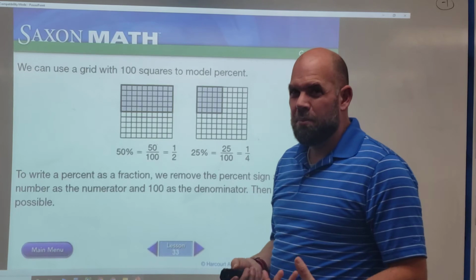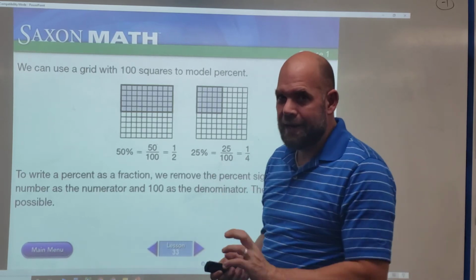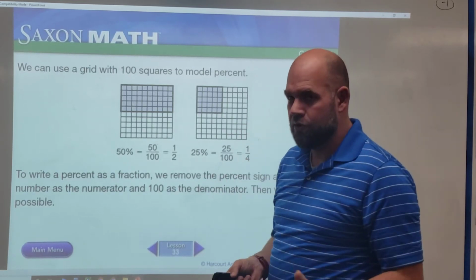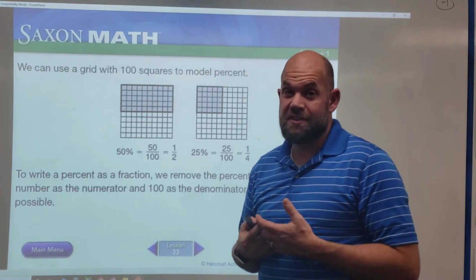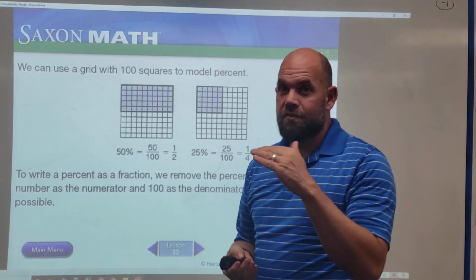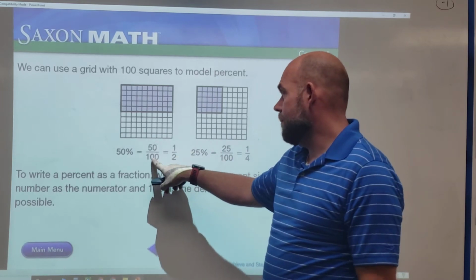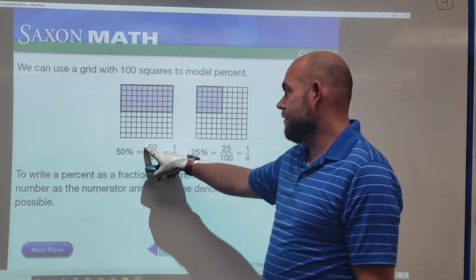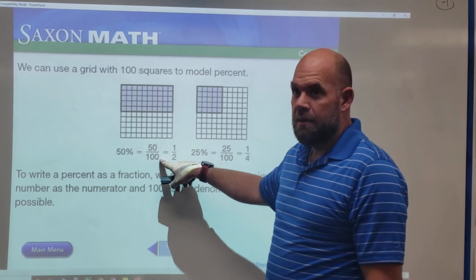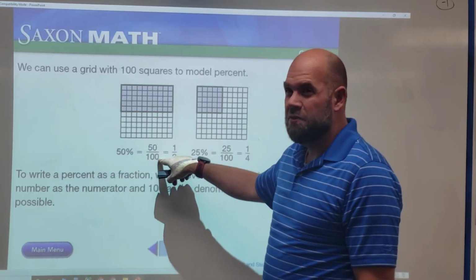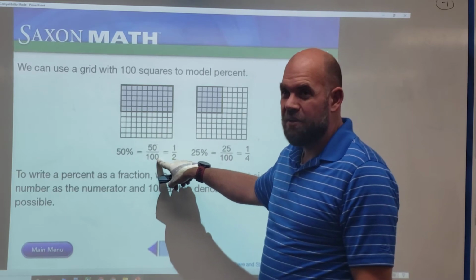Now, if we can't remember the greatest common factor and we don't want to write out all the factors and circle the greatest common factor, usually the easiest thing to do, especially if it's an even number, is just start dividing by 2. So we could take 50 divided by 2, 100 divided by 2, that'd give us 25 over 50, and now it's not an even number.